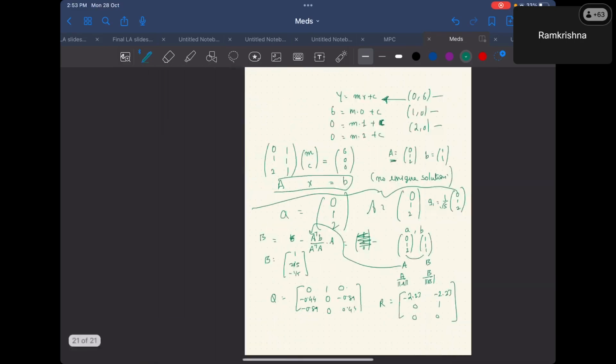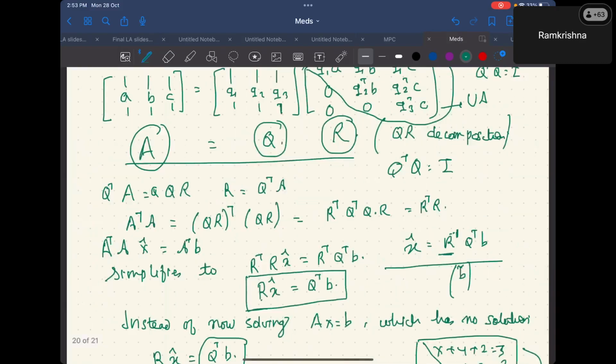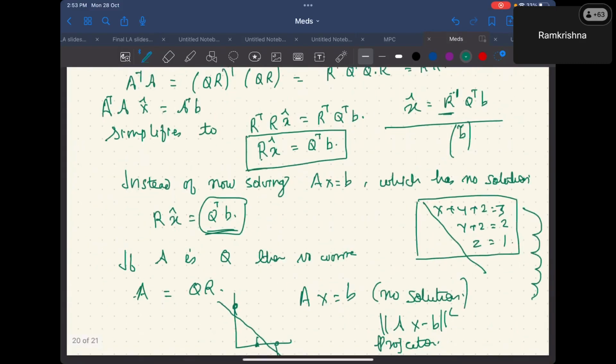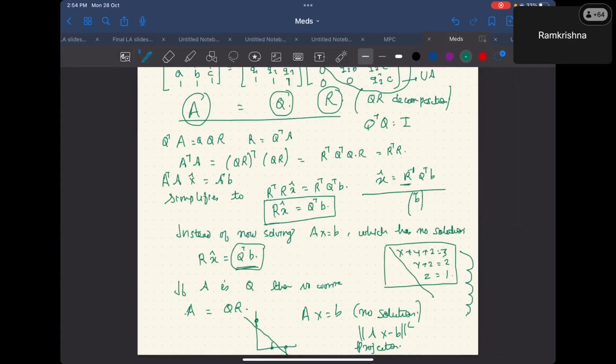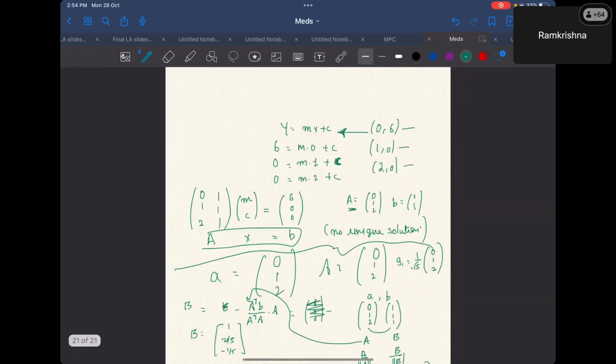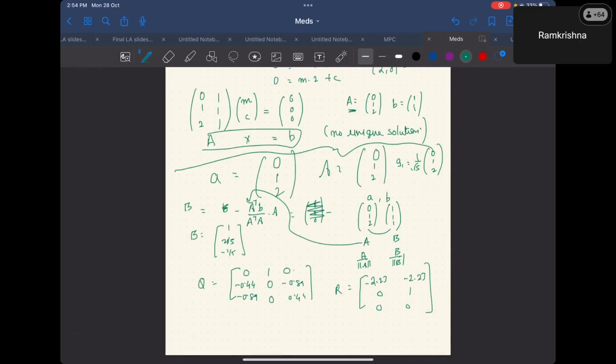And what will the solution finally be? The solution will finally be R x hat equal to Q hat transpose B. Okay, I think just check this, and we're out of time, so maybe just try to work this out by yourself, because we have done the same example for the least squares.